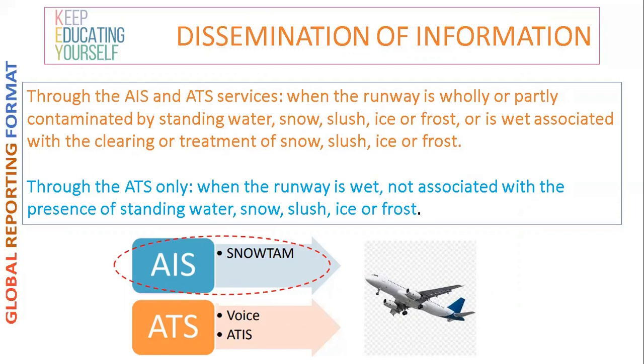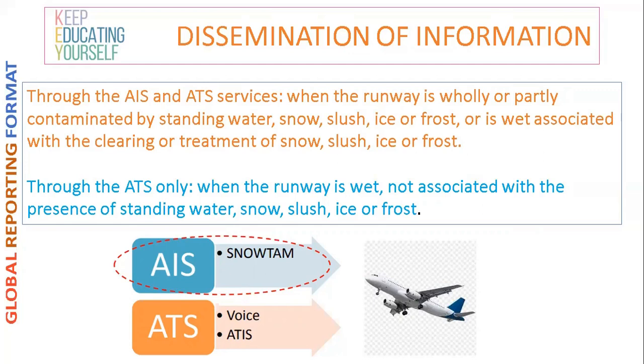First thing, if the runway condition code changes, remember, you have to go for a new runway condition report. If the contamination type changes, you have to go for a new runway condition report. If there is any change in reportable contaminant coverage as per table 1, you have to go for a new runway condition report.